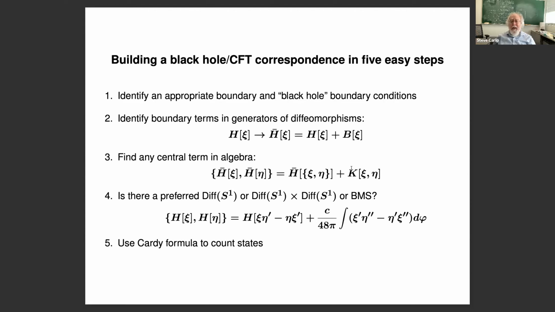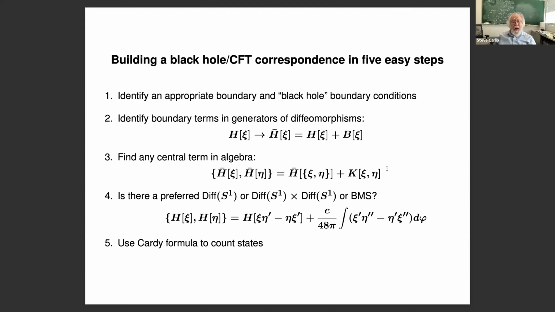But in general, you'll get an additional term, a central term, coming from the fact that the Poisson brackets with boundary terms will generally give you a different boundary term and not just the boundary term of the commutators. So there's a general central term that you can calculate, again, in extreme generality.